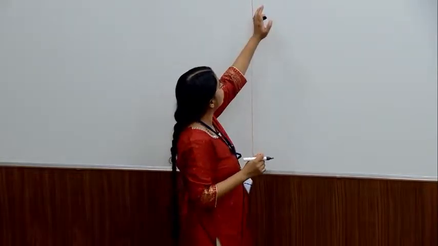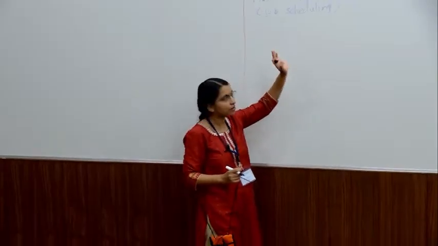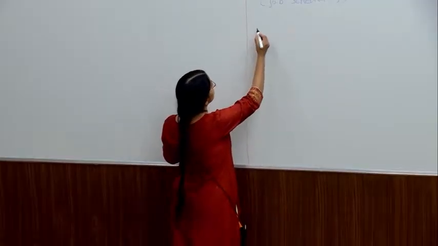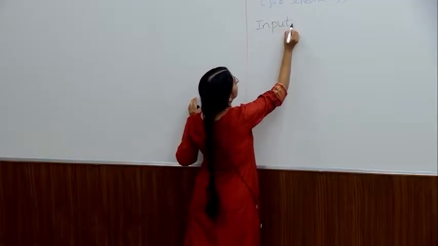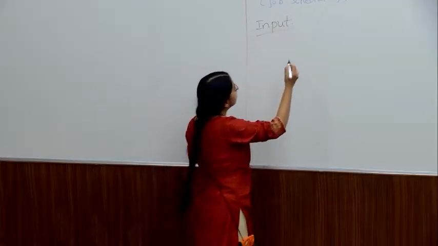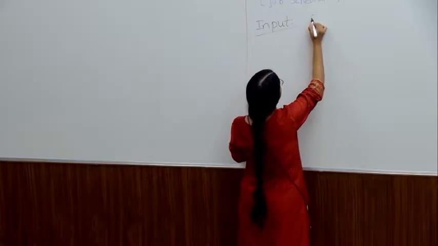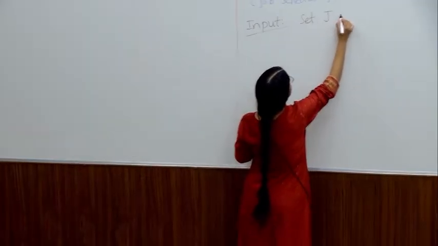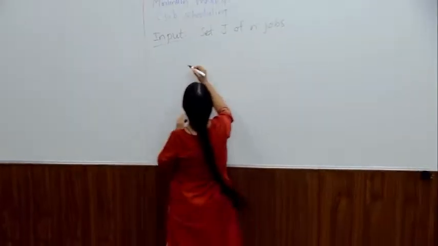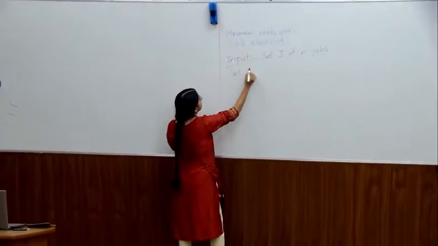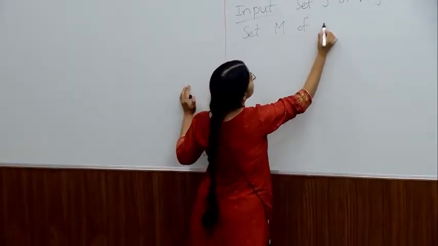Yeah, so we will look at the minimum makespan problem, or what is called job scheduling. So the input is a set J of n jobs and a set M of m machines.